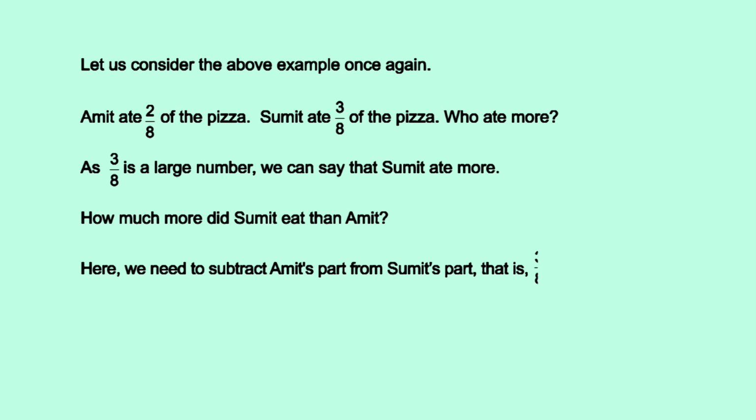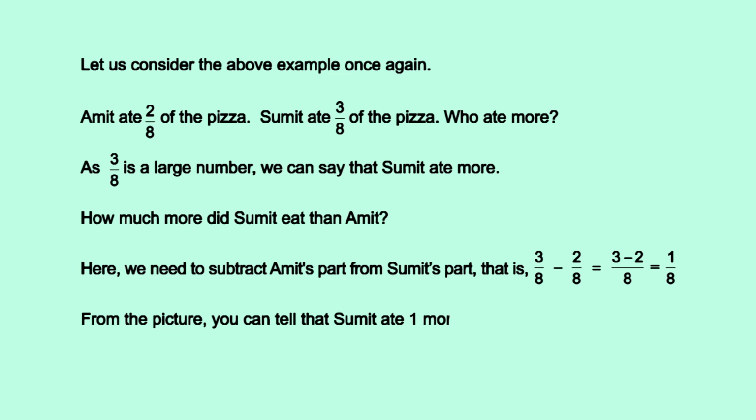That is, 3 by 8 minus 2 by 8 is equal to 3 minus 2 by 8 is equal to 1 by 8. From the picture, you can tell that Sumit ate 1 more piece than Amit ate of the 8 pieces of the pizza.